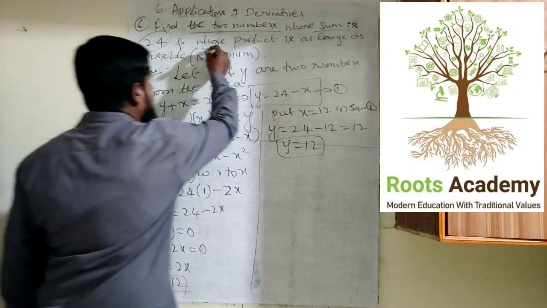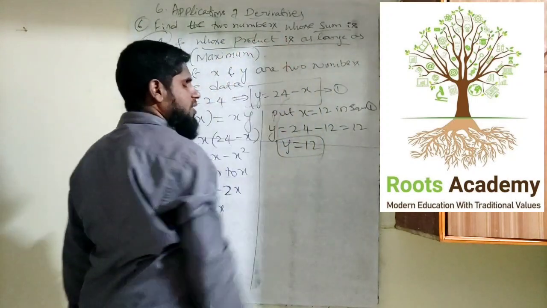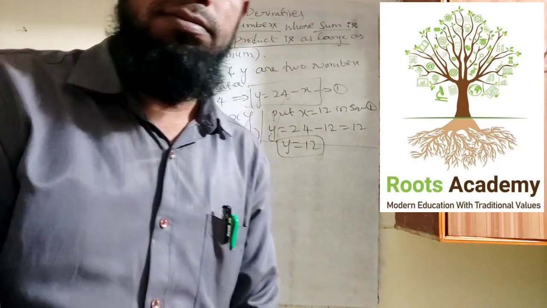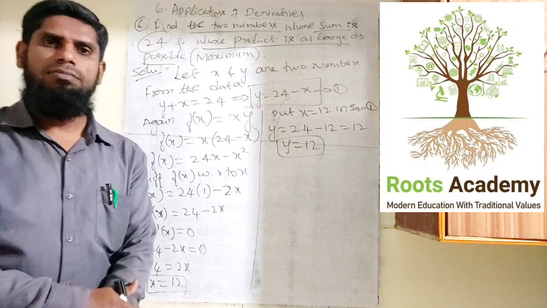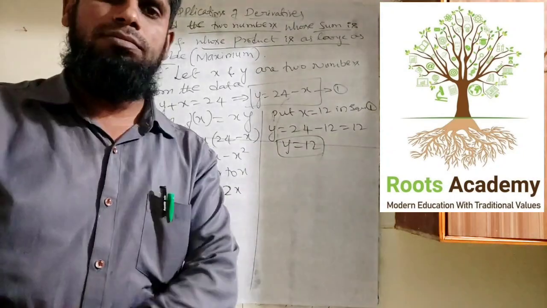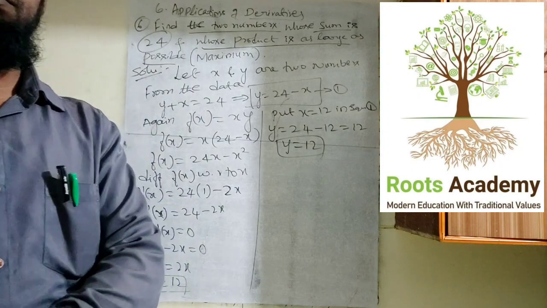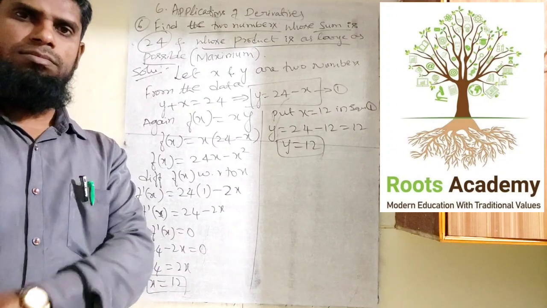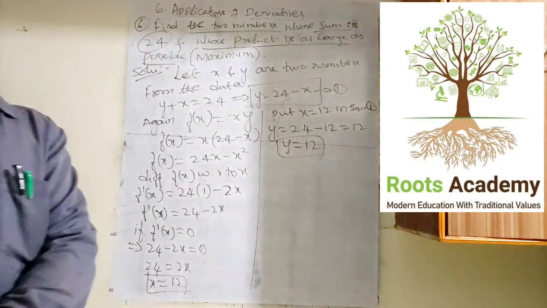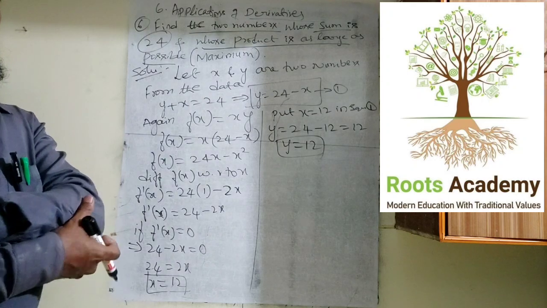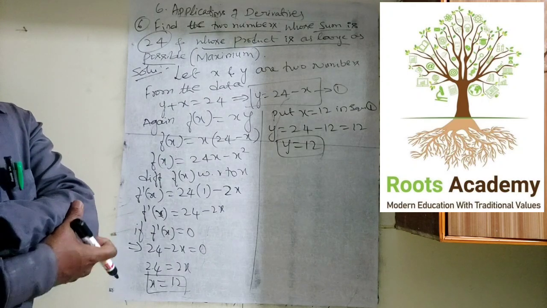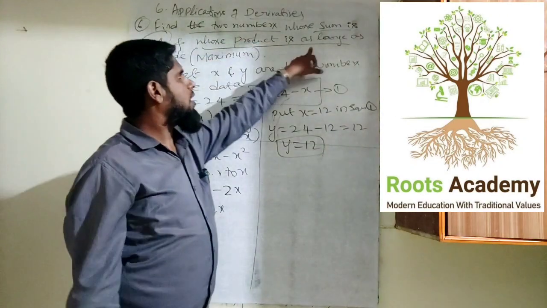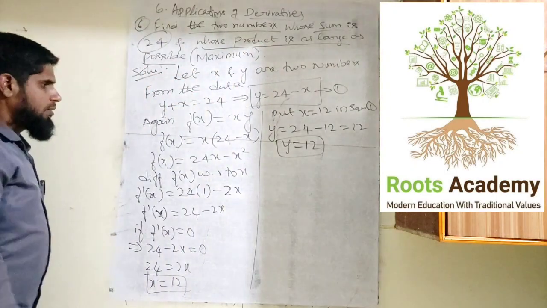Now the second part is telling that the product is as large as possible. The second part says that the product is as large as possible.